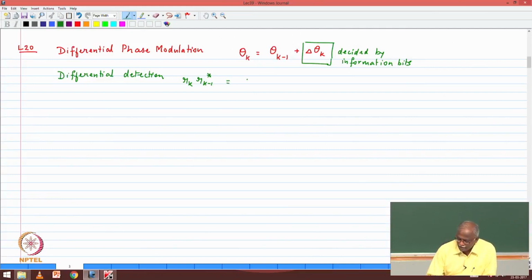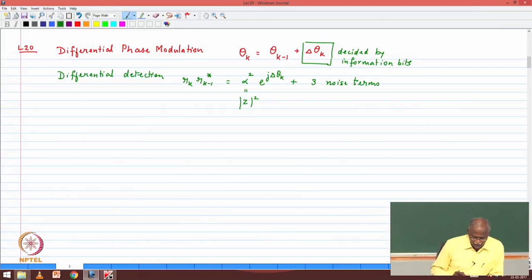We can show that this is equal to alpha squared, or mod z squared, times e to the power j delta theta k, plus 3 noise terms.